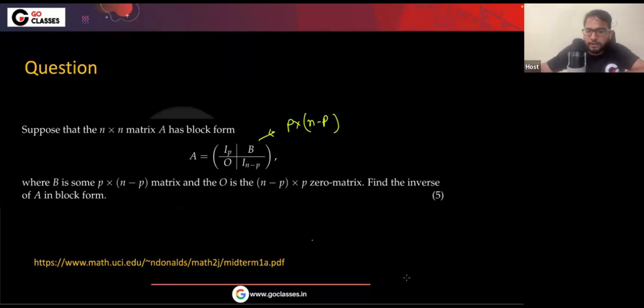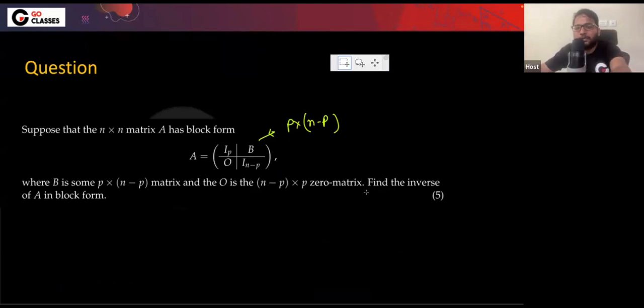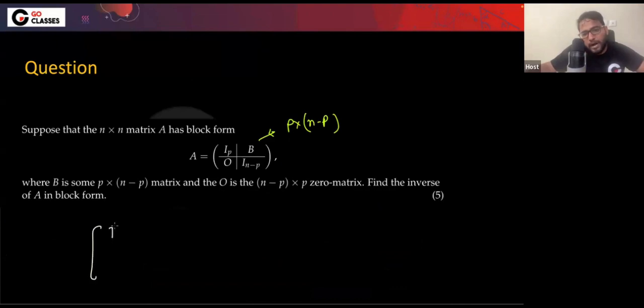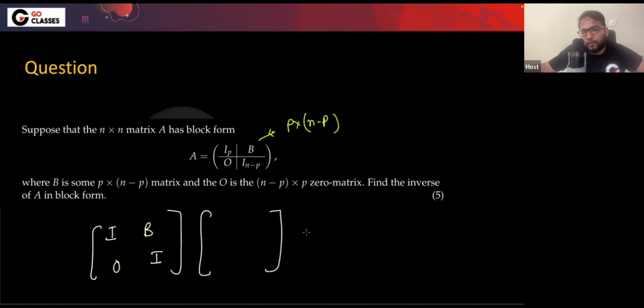For example, the solution is not given, so let me just write the solution. We can multiply this given matrix, which is I, B, 0, I, with some matrix, and then equate it to the identity matrix. Let me call it PQRS, right?